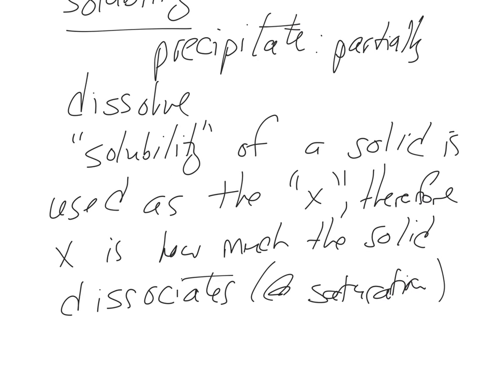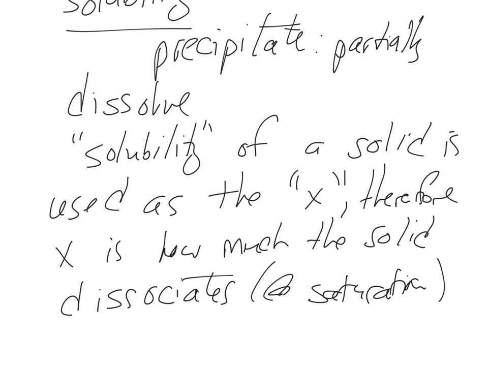So when we talk about our X, before it was pH, right? And before that, it was used in some sort of equation to find a K value. In this case, X is going to be called solubility. That will be the name, solubility. When I say, what is the solubility? You know you're doing a solubility problem. And X represents the dissociation of my solid, right?